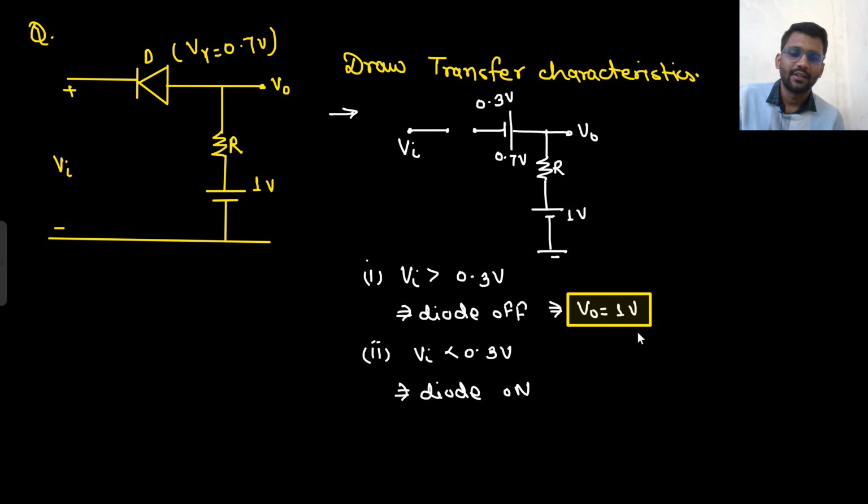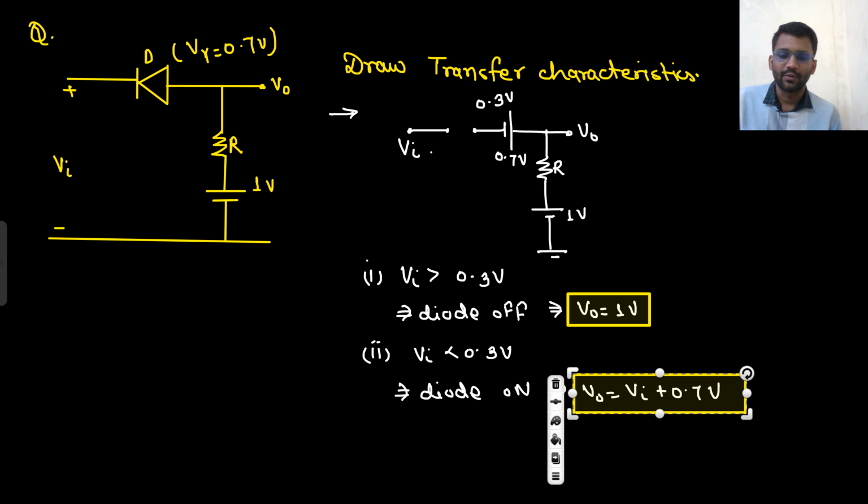And if the diode is on, what will be your V naught? V naught will be equal to V in plus 0.7. Right? Now you can draw the transfer characteristics as well.